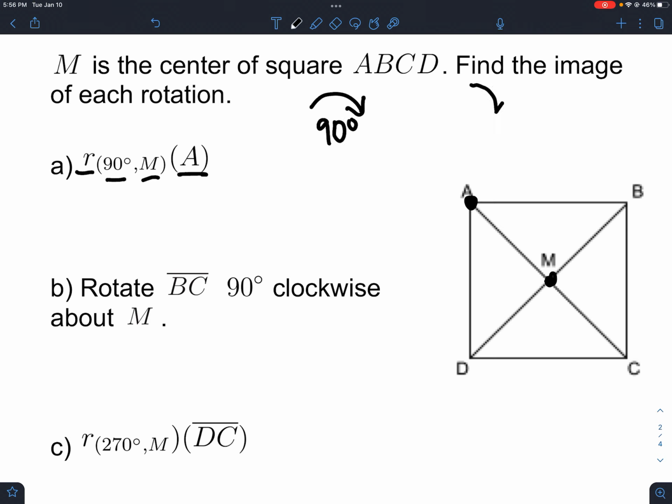It's just going like a quarter of a turn, and we're going, scratch that. 90 degrees is counterclockwise.